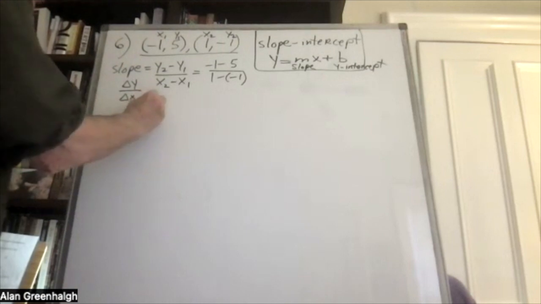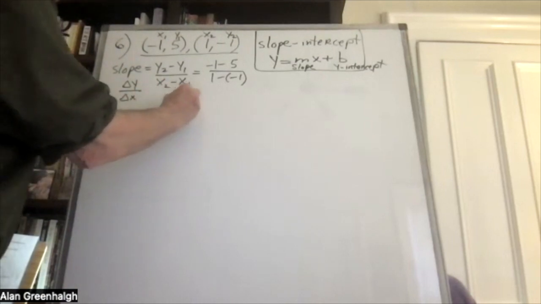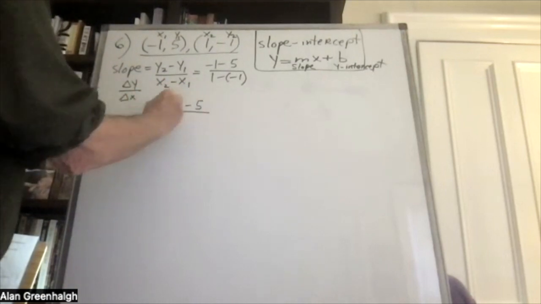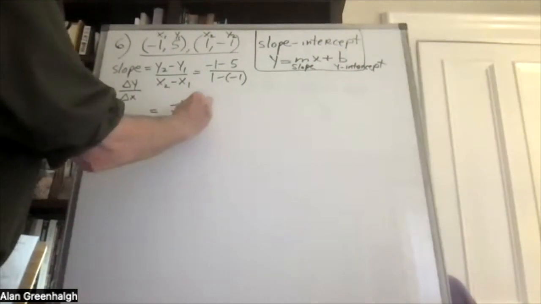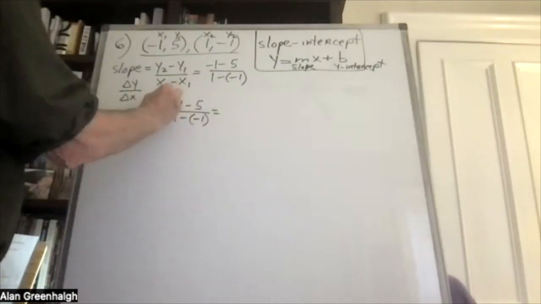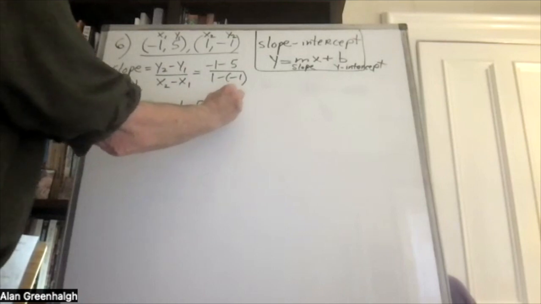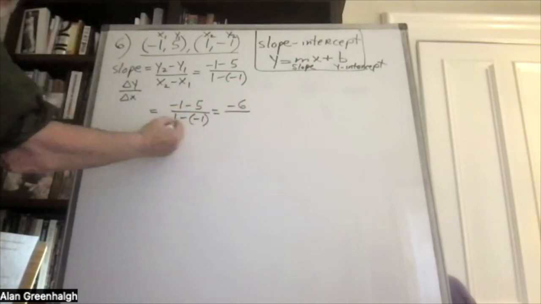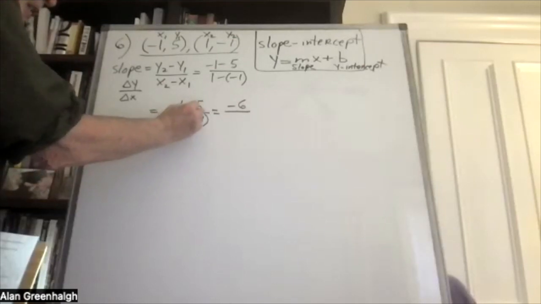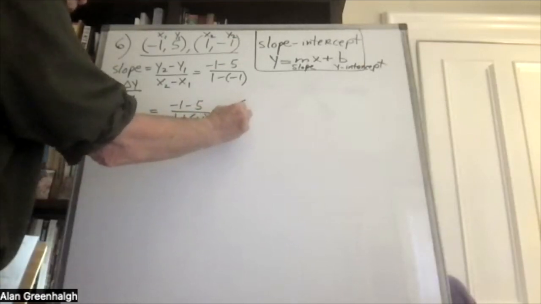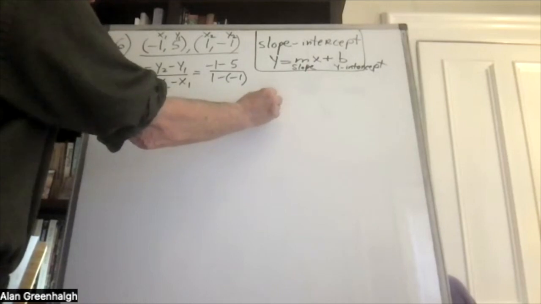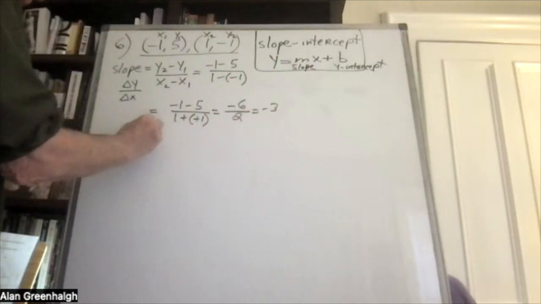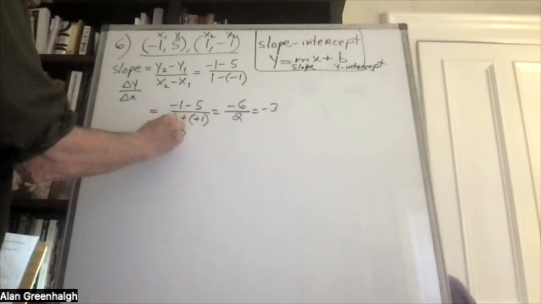And let's now evaluate this. Let's rewrite it. So -1 minus 5 is -6. And when you subtract signed numbers, you change the sign, you get 2. And the slope is equal to -3.